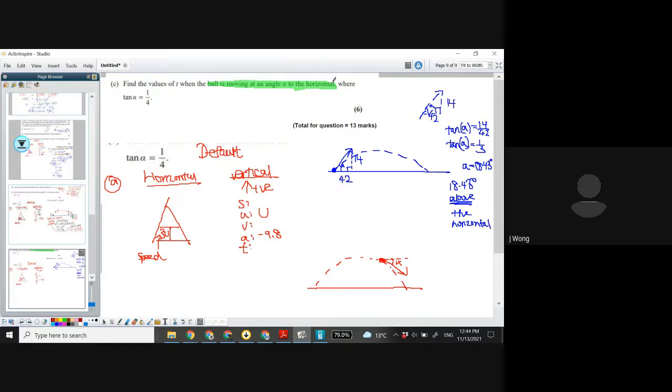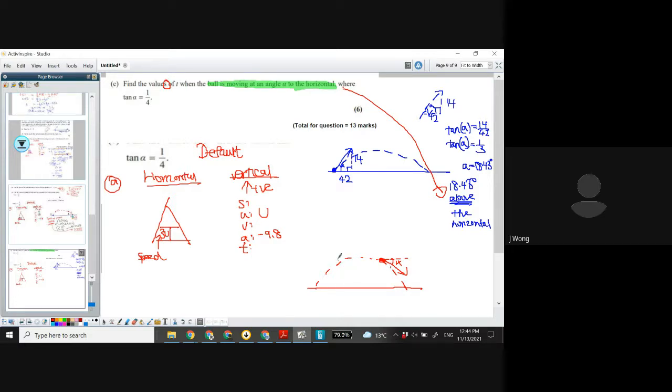And unlike the starting position, they didn't indicate whether it is above or below.